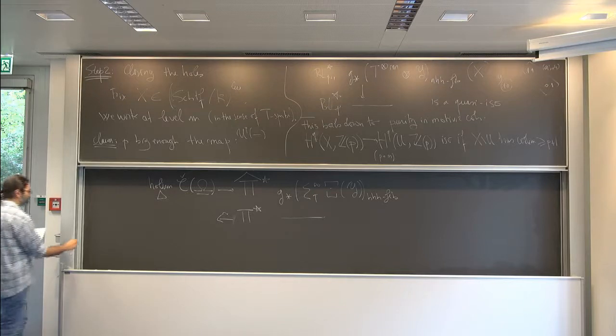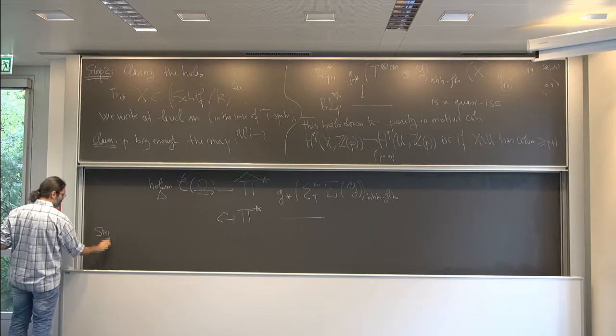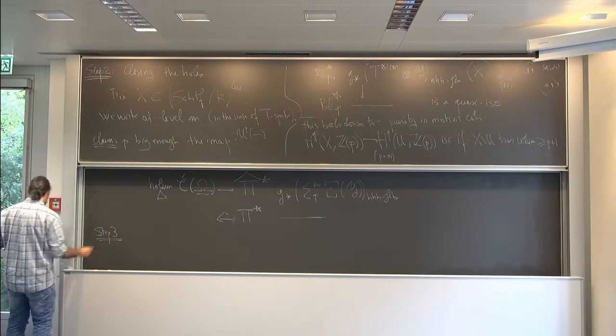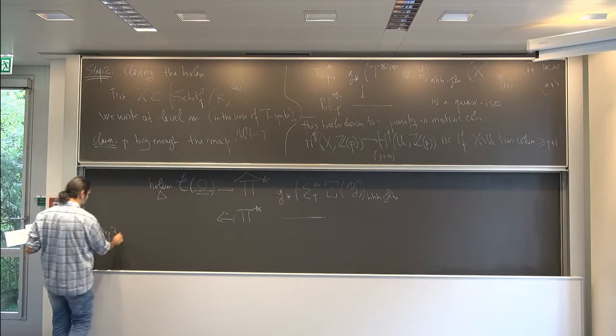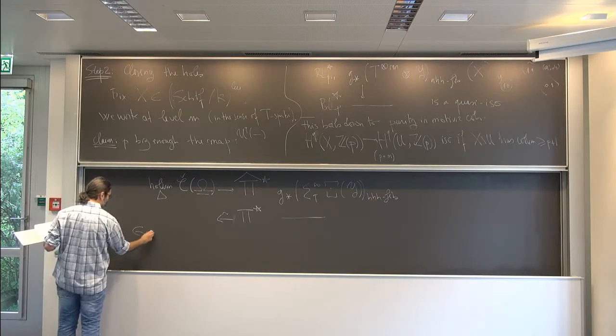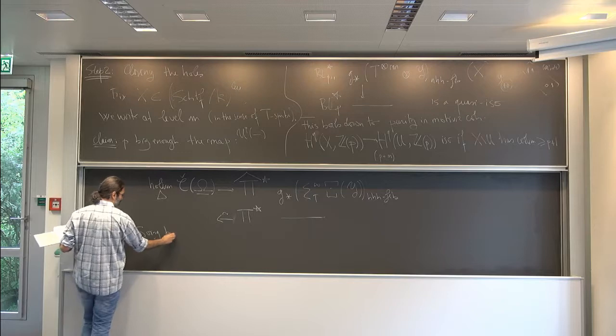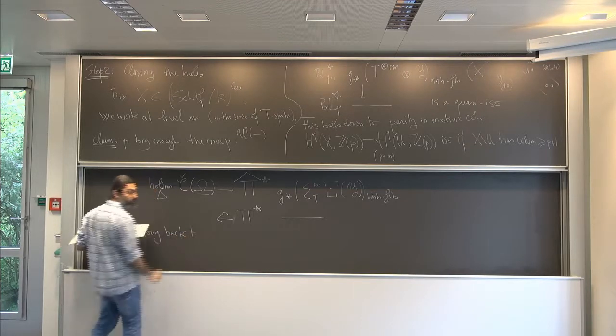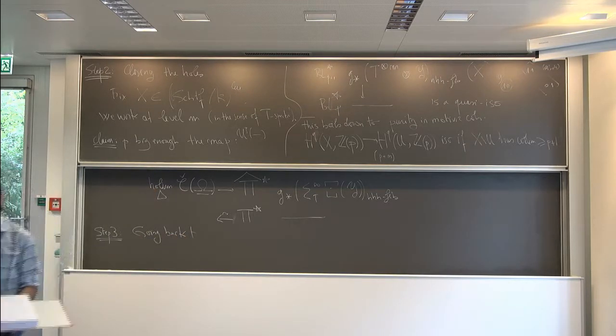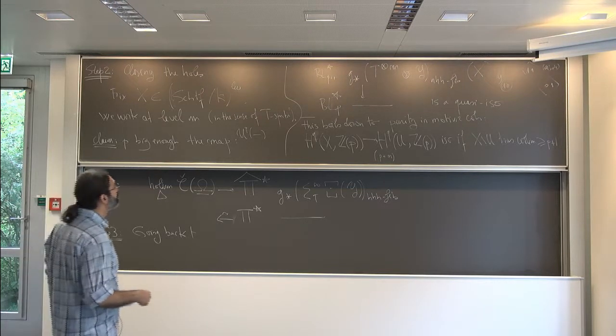Now step 3 is going back. You did two steps in one. Did I do this? The first line is already removing the colimit over P. Yes. This says you can remove the colimit over P. You mean the limit over P?